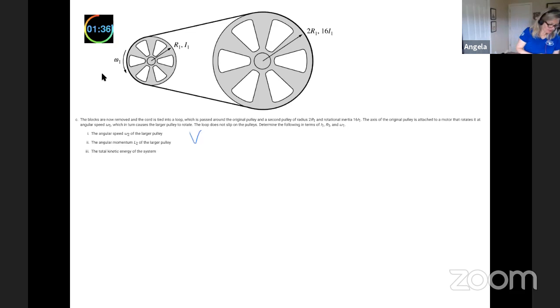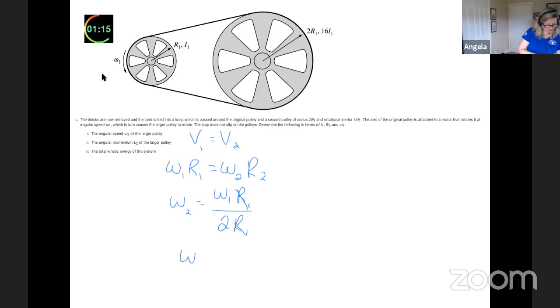So we know that v1 equals v2, which means omega 1 R1 equals omega 2 R2. So omega 2 would be omega 1 R1 over R2, but R2 is 2 R1. So omega 2 is just omega 1 over 2.